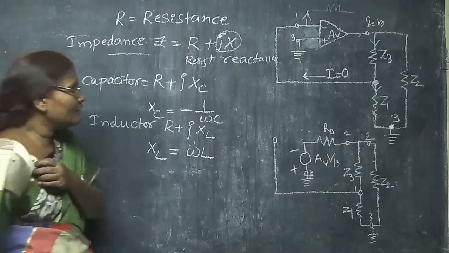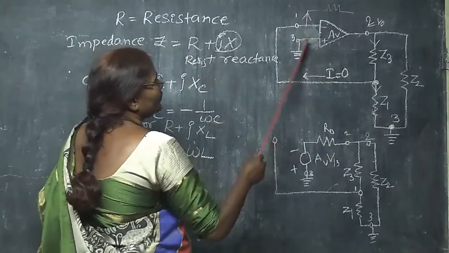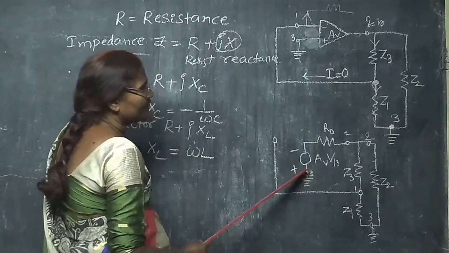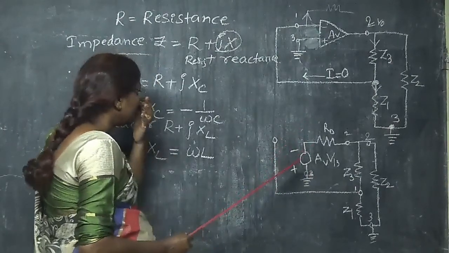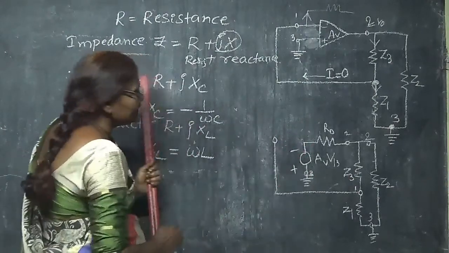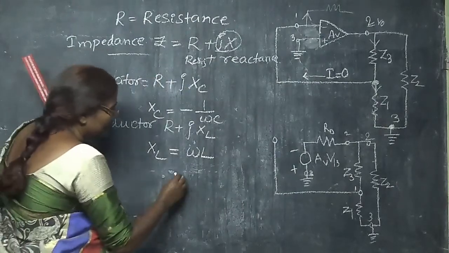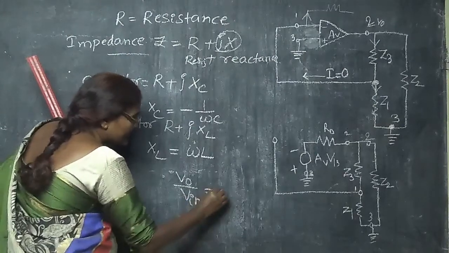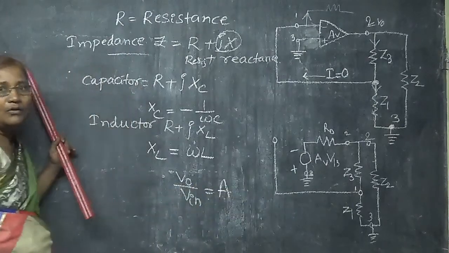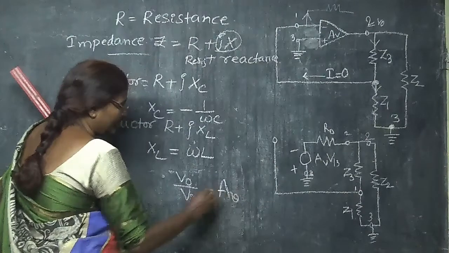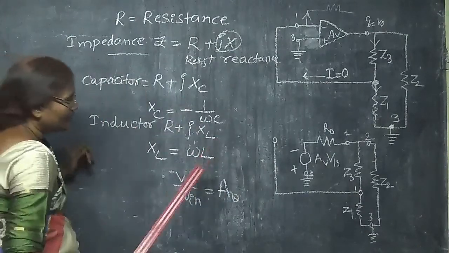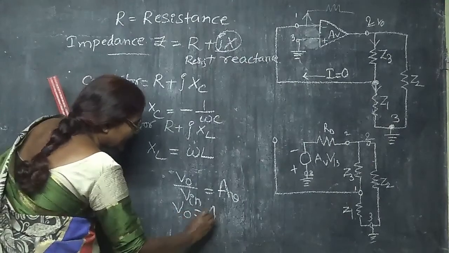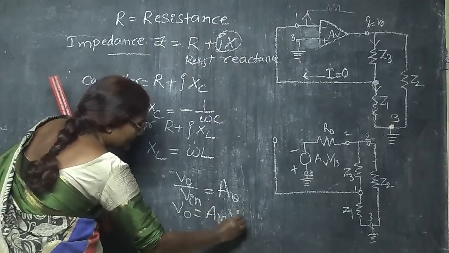Now what is the equivalent of this op amp going to be? So this op amp is represented with a negative gain. So what is gain actually? V0 by Vin is equal to gain, the voltage gain AV. Now, what is V0? V0 is going to be AV into Vn.